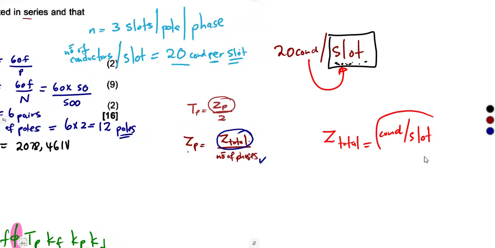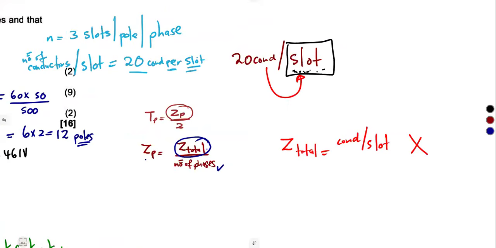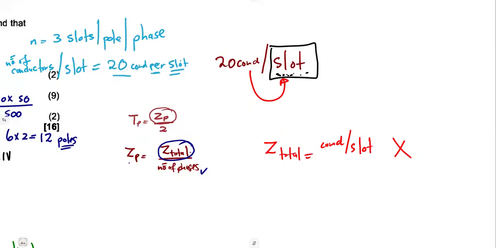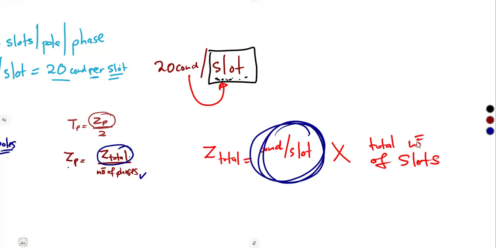But we need to get rid of per slot. How do you get rid of that? You multiply by the total number of slots. That is the idea. The conductor per slot is already given, the 20 there.